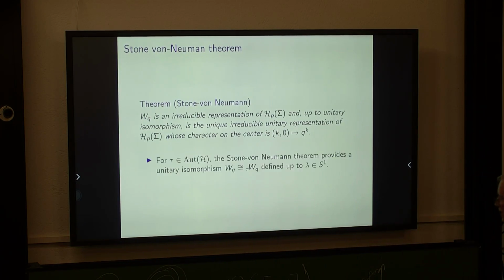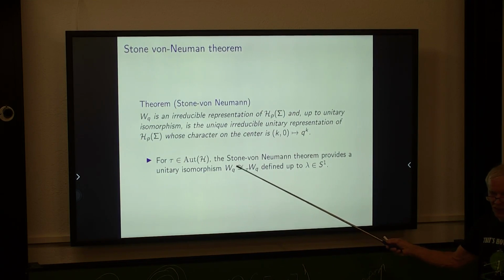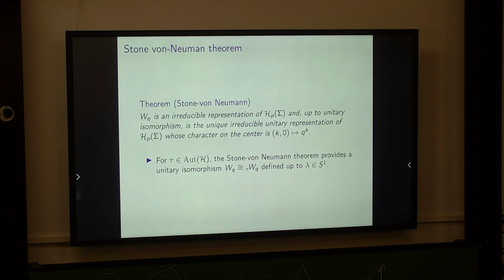So this is what we say now. The Stone-von Neumann theorem provides a unitary isomorphism from this W_Q, our favorite Schrödinger representation, to the twisted Schrödinger representation by an automorphism. This is defined up to a scalar.